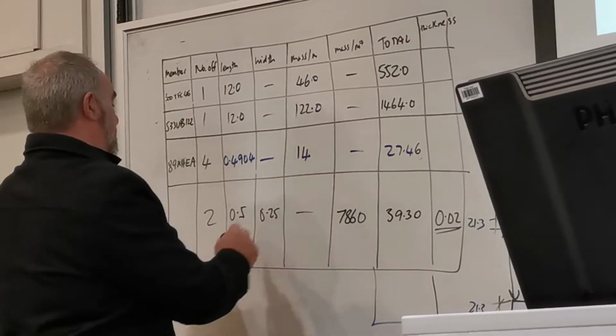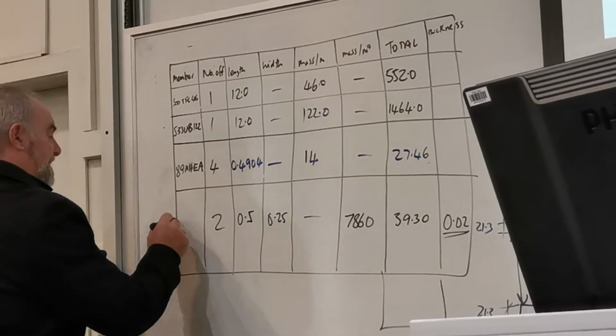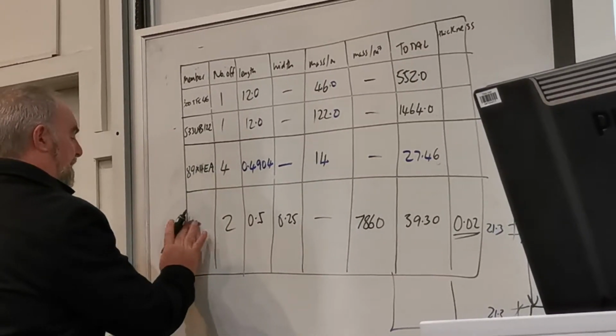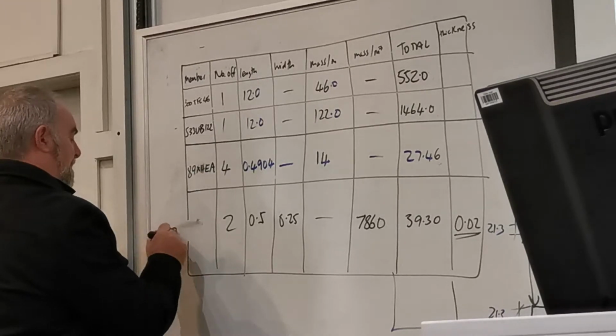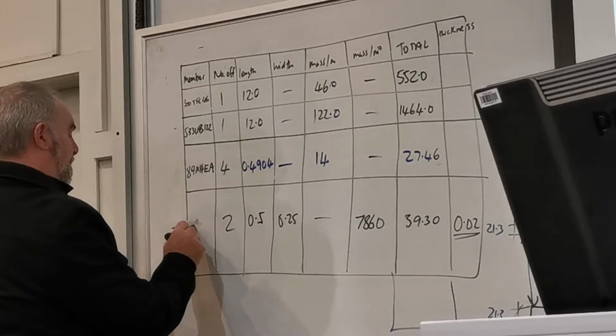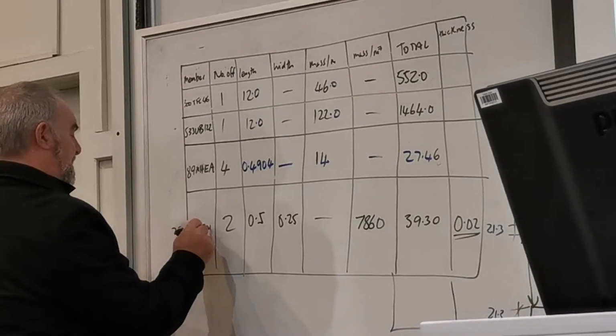And nothing there. So that's 250. I'll get this right. 250 by 500 by 20 PL.